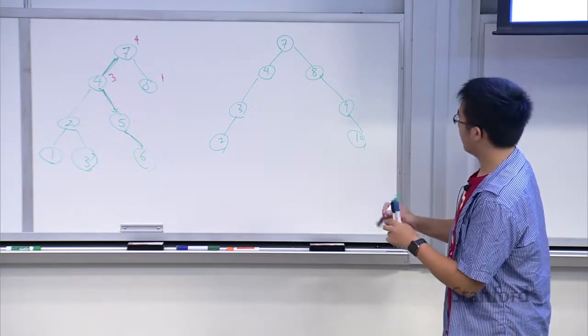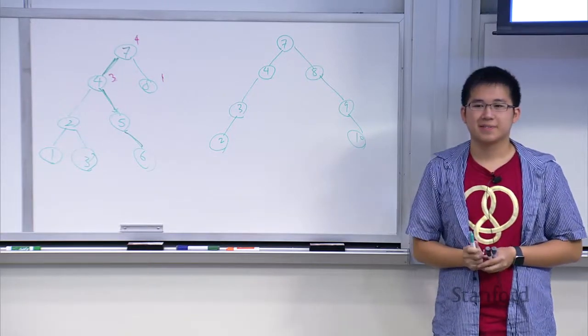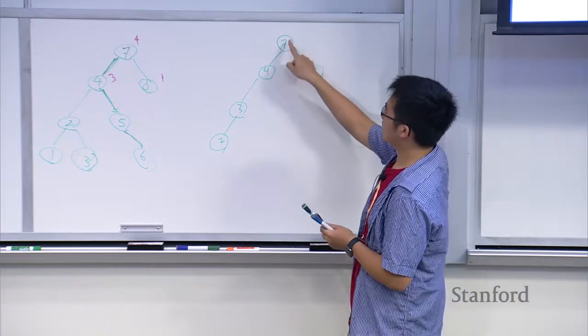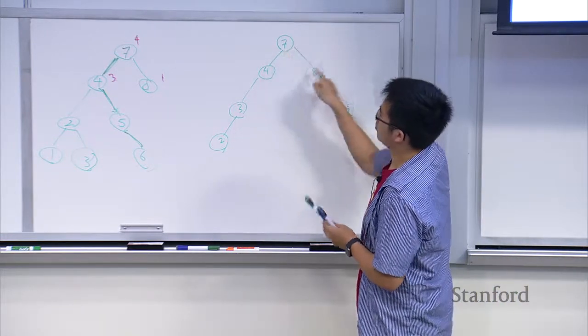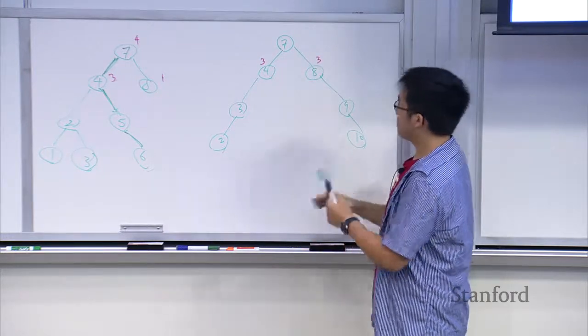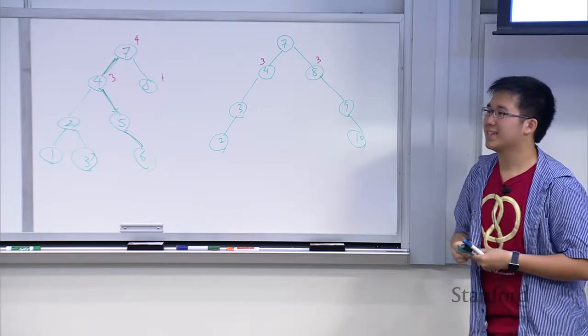Let's see. So, okay, why is this tree not balanced? So notice here, if we think about what the height of the two children are, it's 3 and 3. But this tree is still not balanced. All right, why is that balanced? Yes?